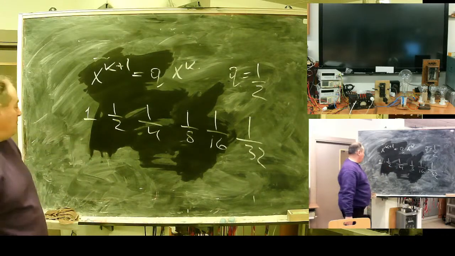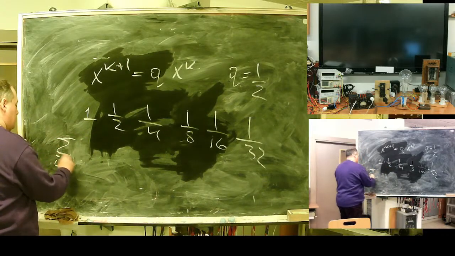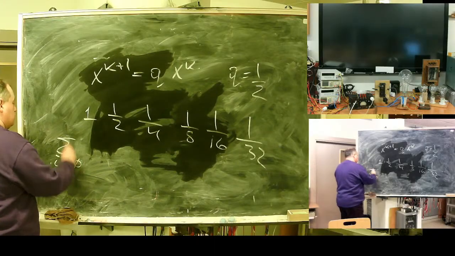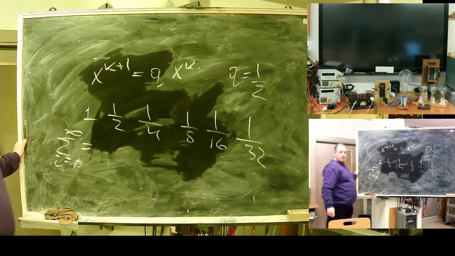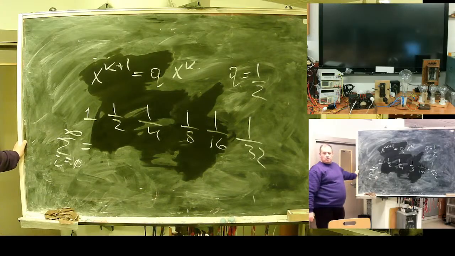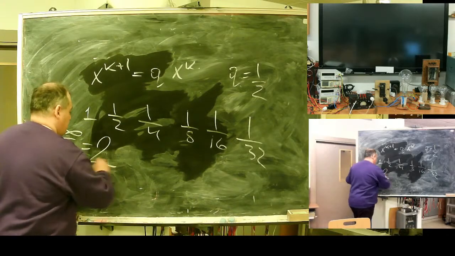If you sum all members from 0 to infinity, you should know it, 1 plus 1/2 plus 1/4 and so on, it will be 2.